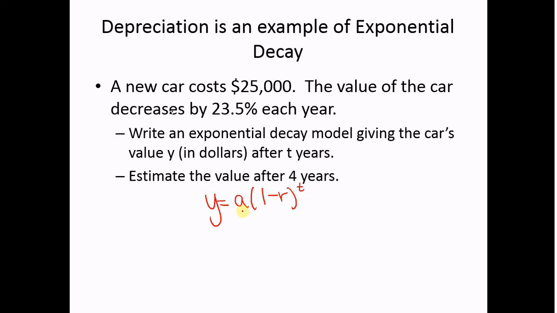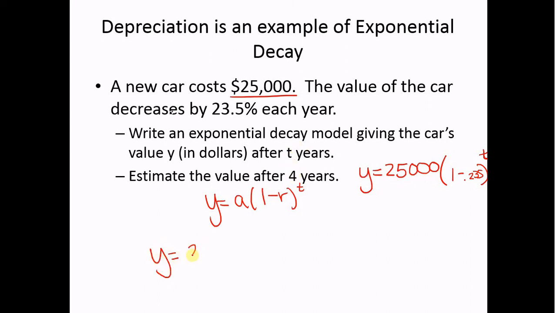So let's figure out our a. My a is my initial cost of buying this. So that was $25,000. Right there. 1 minus my rate, which is 23.5%, so 0.235, and it's going to be to the t. There we go.